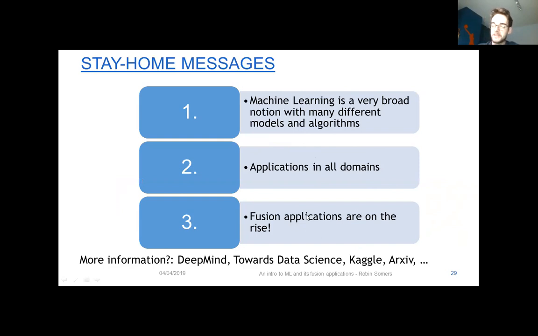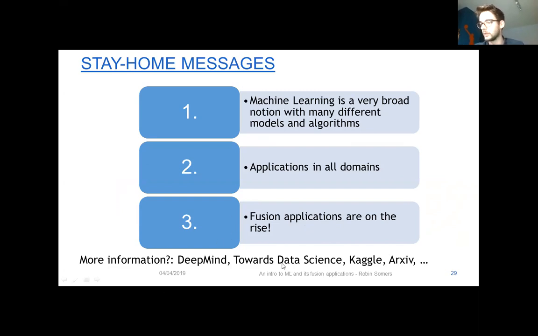It's only very recently that machine learning has made its introduction into our field. But I know, for example, now, I think in ASDEX or in Wendelstein, they are looking for a lot of machine learning engineers. So this is something very popular and very rising now that we are gathering a lot of that. So if you're interested in machine learning, make sure to check these different sites or platforms. They are very useful.